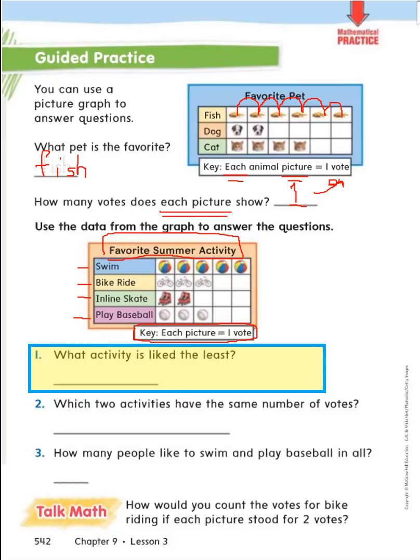So now let's look at question 1. What activity is liked the least? And the answer to that is going to be what? Right, the one that has the fewest pictures. And that's inline skate because it only has 1, 2.